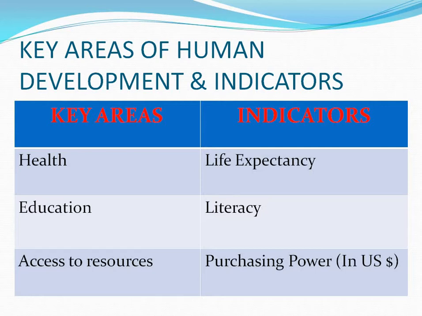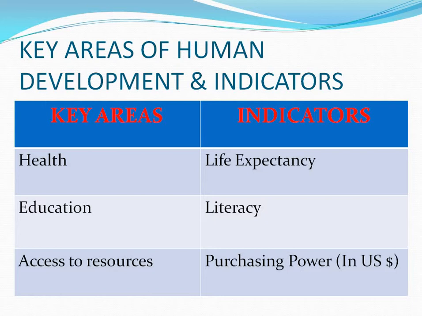A higher life expectancy means that people have a greater chance of living longer and healthier lives. Second key area is education. Its indicator is literacy. You know, literacy is important for development.